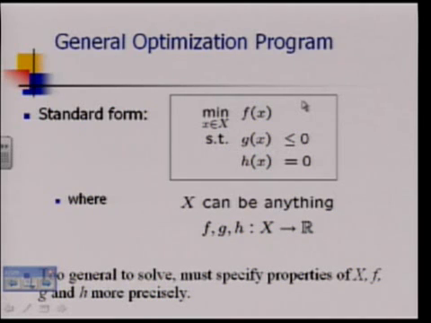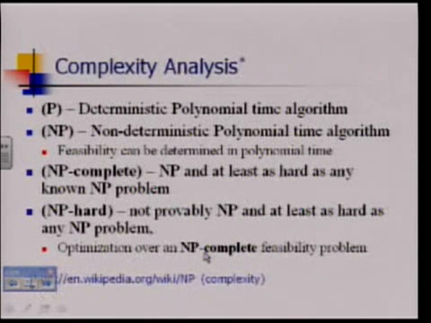Let's first look at the constraint optimization problem. In general, we assume that these f, g, h are real functions. They are continuous and they are differentiable. And the level of difficulty depends on, of course, whether you have convexity of the objective function, whether the feasible set is convex or not, depending on those kinds of things.